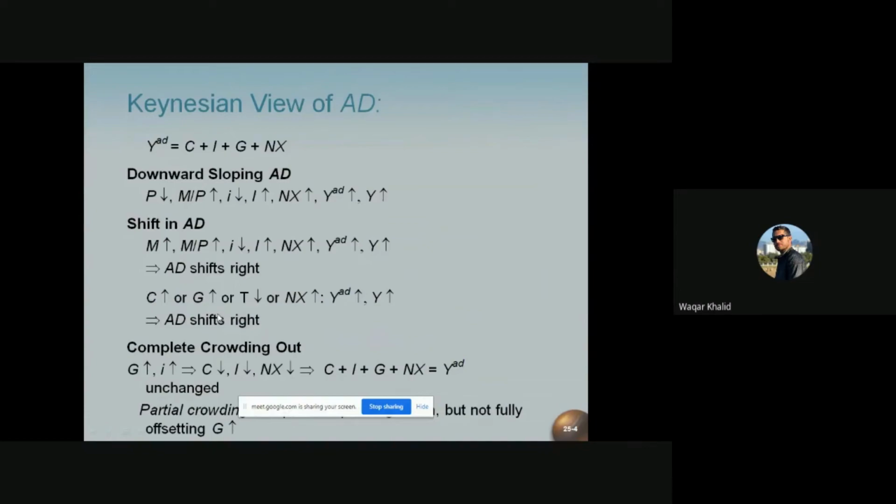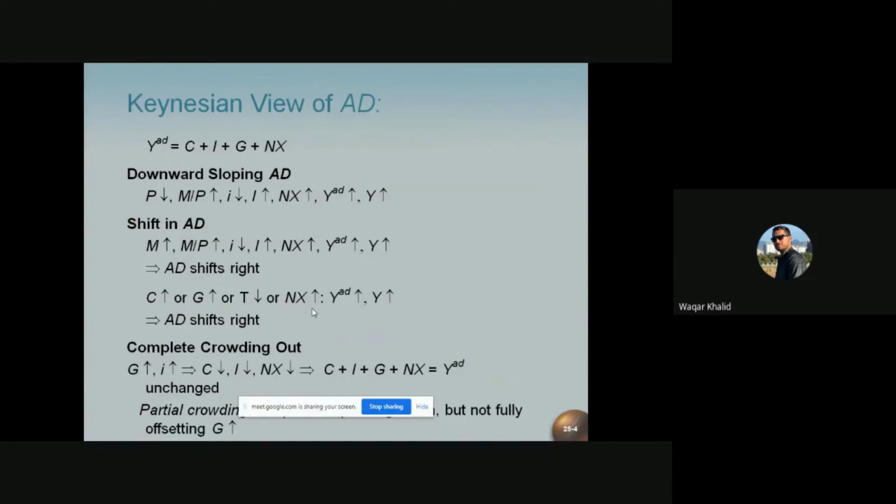Consumer spending, government spending, taxes, net exports, investment spending, these are the most important factors affecting the position of aggregate demand when we are talking about the Keynesian view. So what is the difference? Very simply, monetarists are of the view that changes in the money supply can shift the aggregate demand.